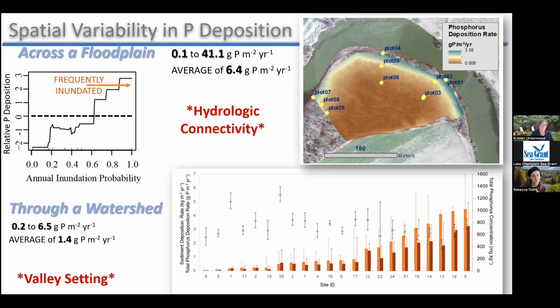And this plot is summarizing that at the different sites. And what we're seeing at this watershed scale is that valley setting is really important. So hydrologic connectivity remains an important factor determining deposition rates, but we're also seeing that things like valley width and slope are really important in determining those deposition rates.